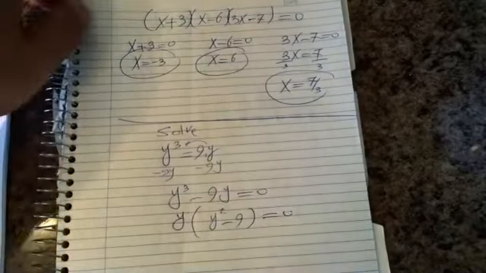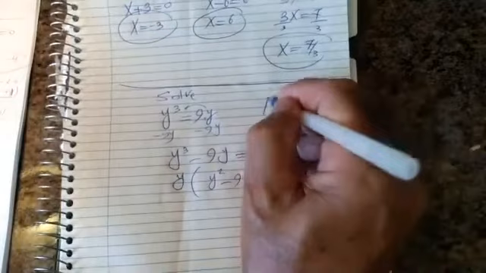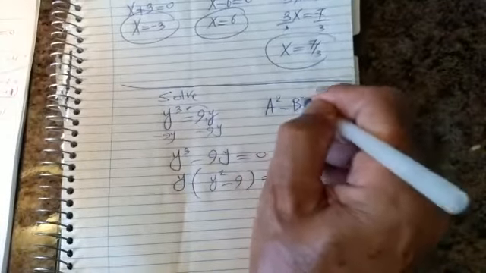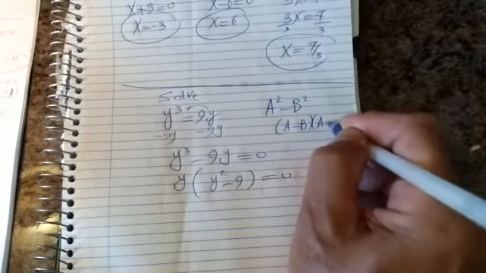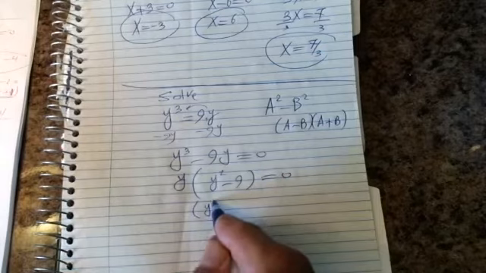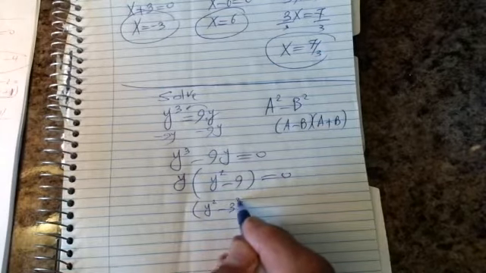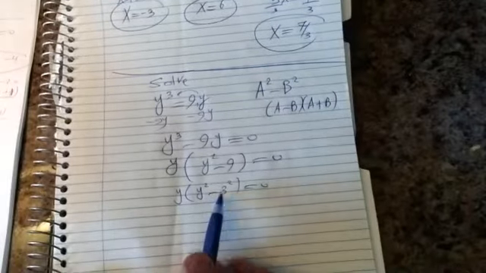And now y² minus 9. Remember this formula: if you have a difference of two perfect squares, it is a minus b times a plus b. And here 9 is 3 to the power of 2, right? So you could break this one.